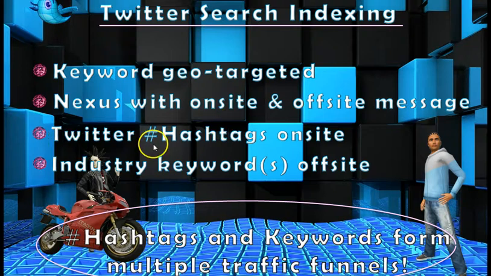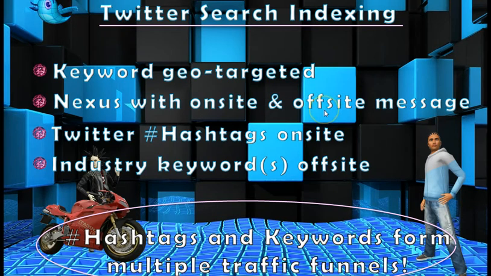The next thing is Twitter hashtags must be used on site. Hashtags from a Google, Yahoo, Bing search engine perspective have very little value. However, on site, this is indexing gold, and the more hashtags you can put in a tweet without seeming spammy, the better your rankings will become in your market.